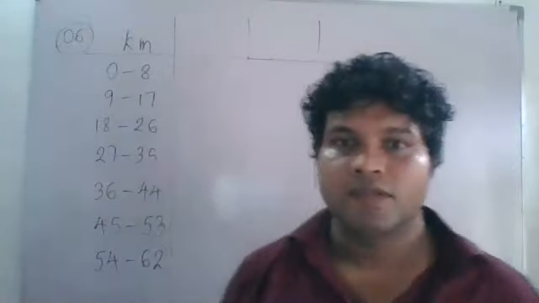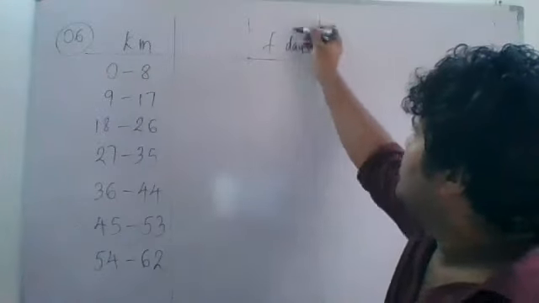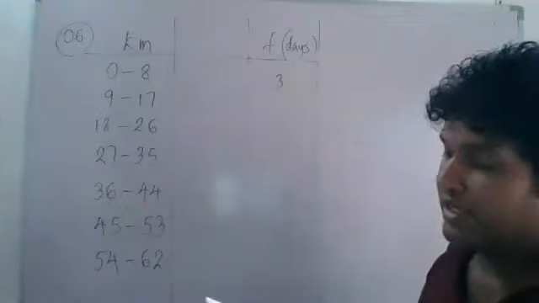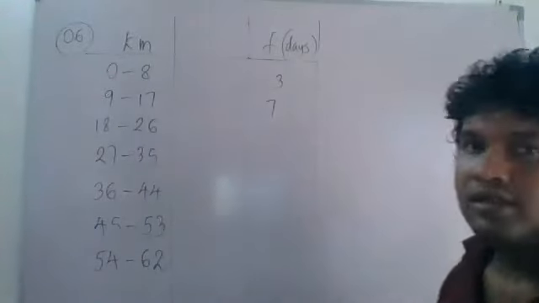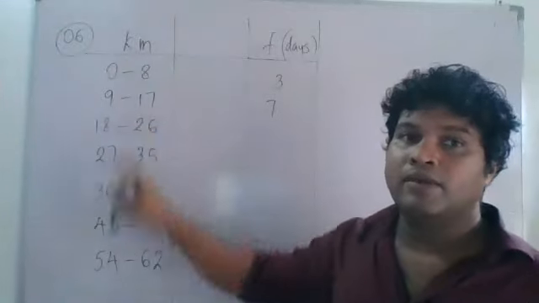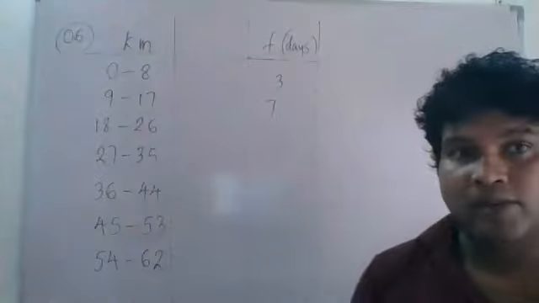Okay, now look, the frequency is given. The frequency is actually days. During 3 days, during 7 days, it has traveled between 9 and 17 kilometers.